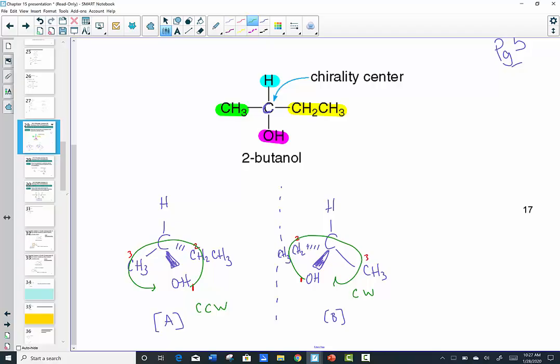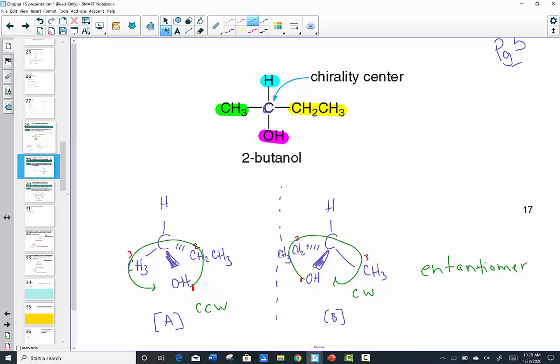Since A is rotating counterclockwise around the chiral carbon, and B is rotating clockwise around the chiral carbon, these are indeed enantiomers. And I spelled it wrong. Enantiomers.